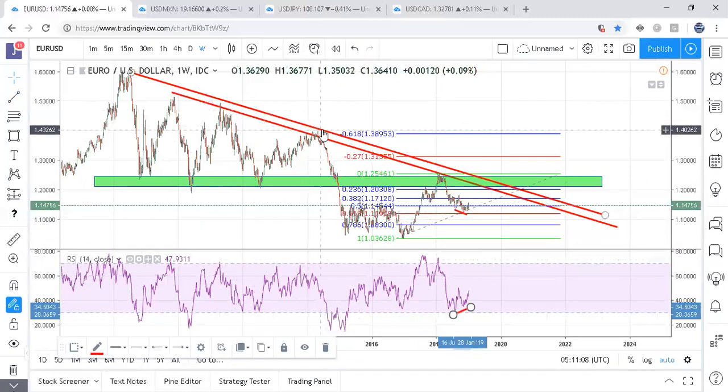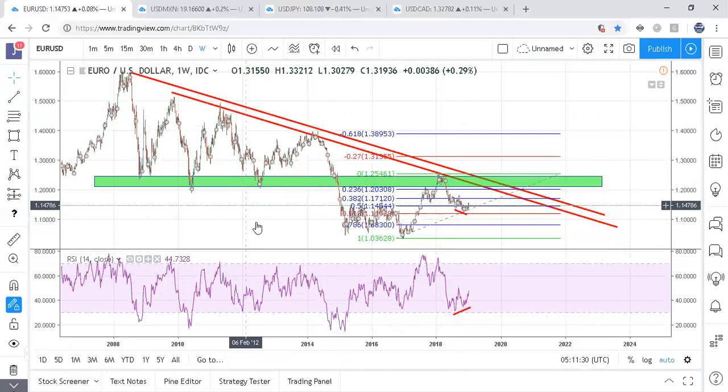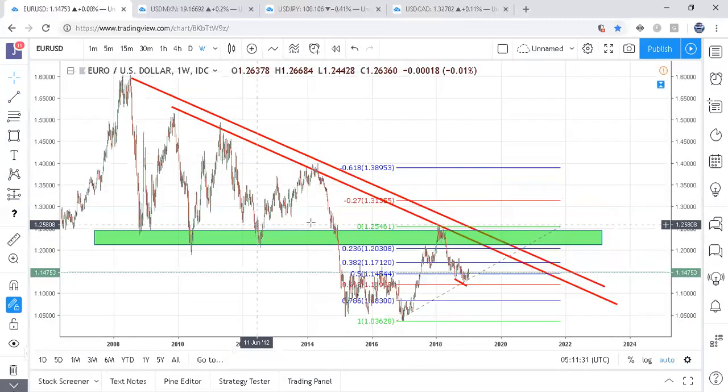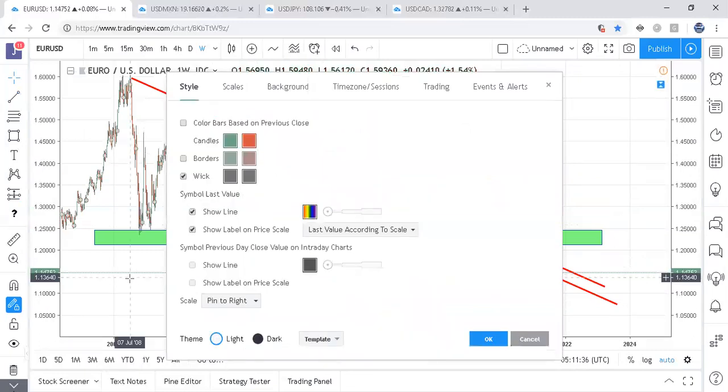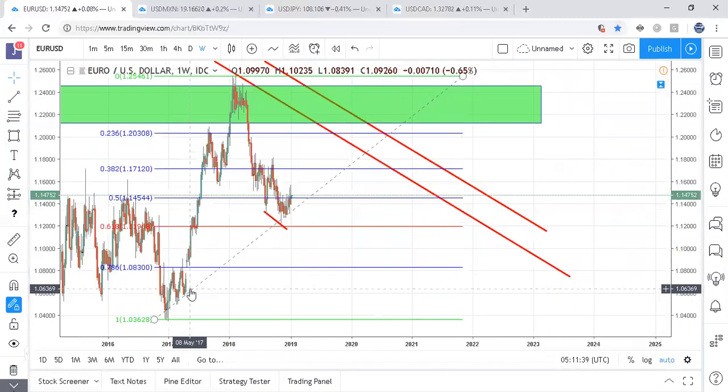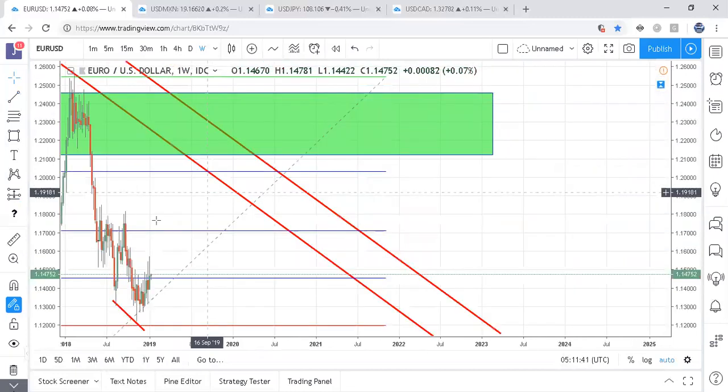Price made a lower low, and right here we have a higher high on the RSI. It is showing some divergence. So with that being said, it is just some more confluence that shows bulls getting back into power.